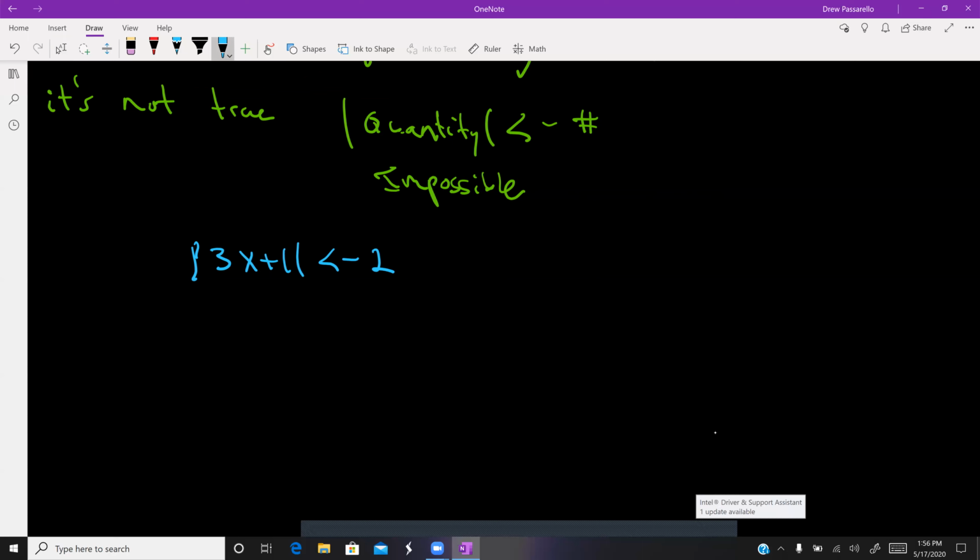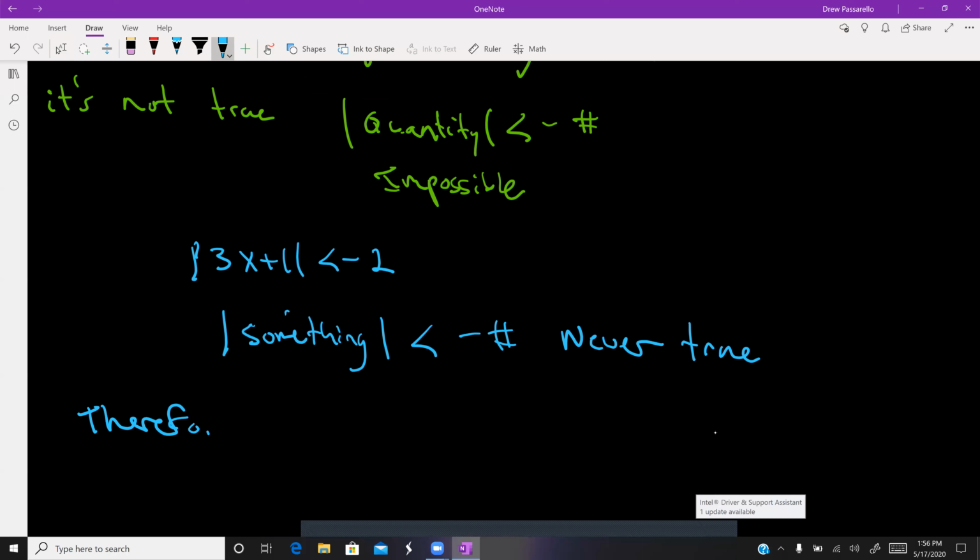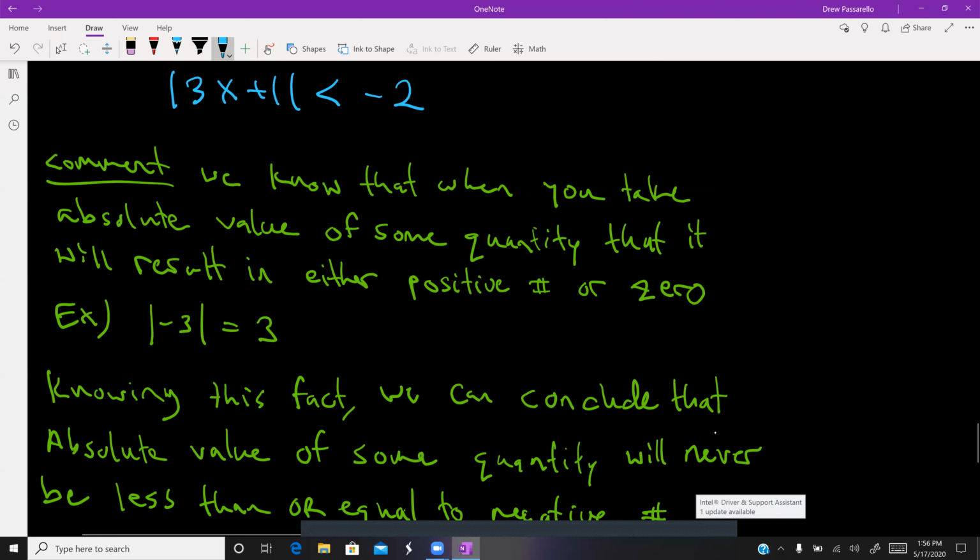But since I have the absolute value of something less than a negative number, this is never true. Therefore, we would say there's no solution. All right, so the answer is no solution.